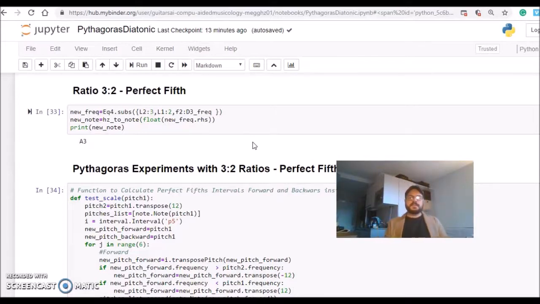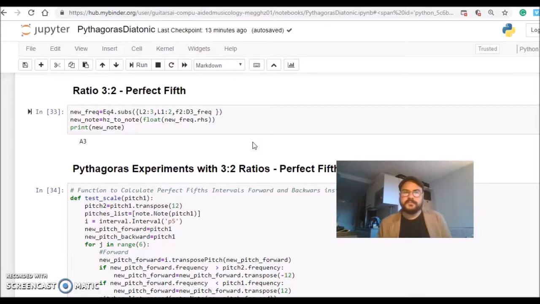So Pythagoras had this idea. His boundaries would be 1 octave. So the string would be the ratio of 2 by 1. This is his limit. So it's from D3, for example, to D4.